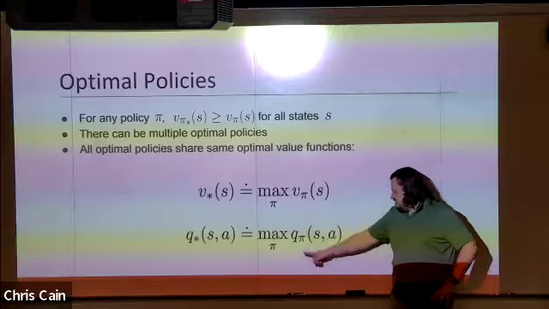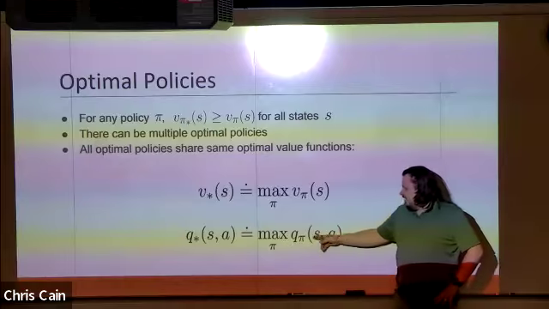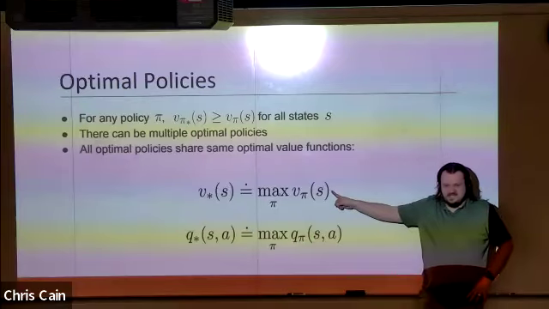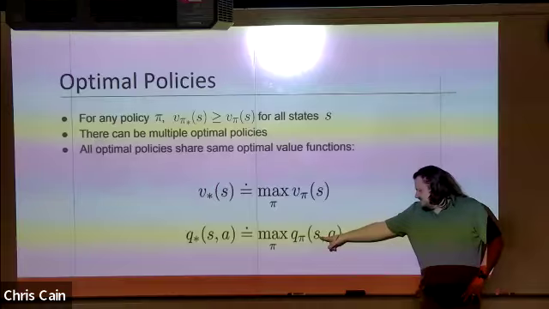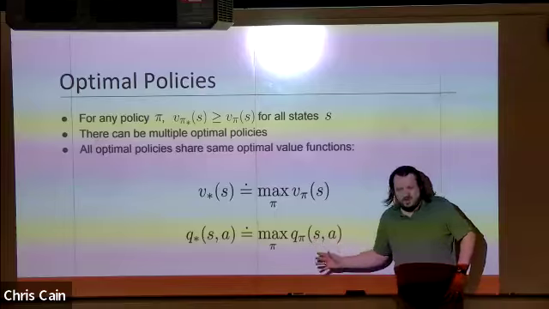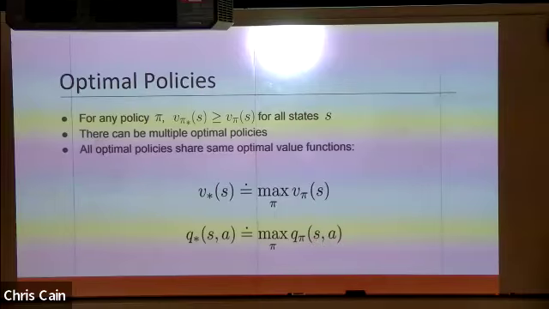And so it's the best possible policy for that given the action selection. So this takes the state as a parameter, this takes the state and the action as a parameter. And the best possible policy that we can have is the best action selection such that we maximize the value of being in a state or maximize the value of being in a state and selecting an action.